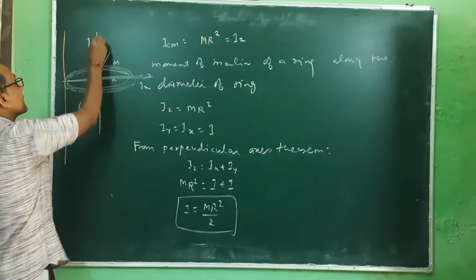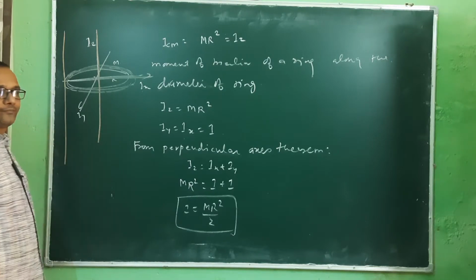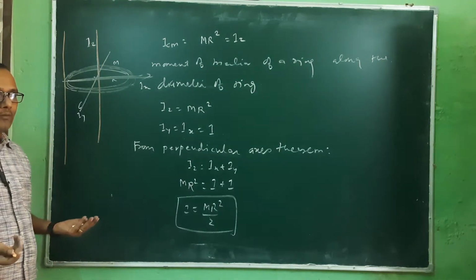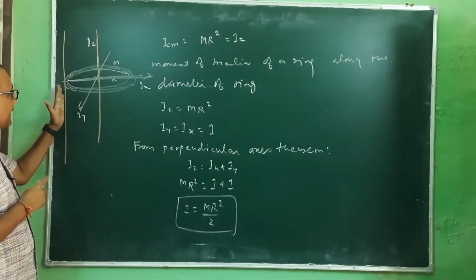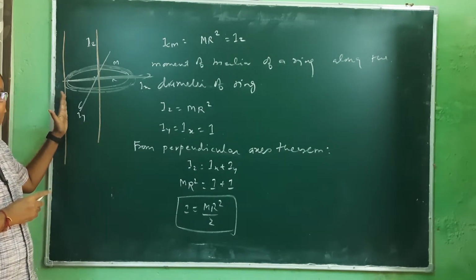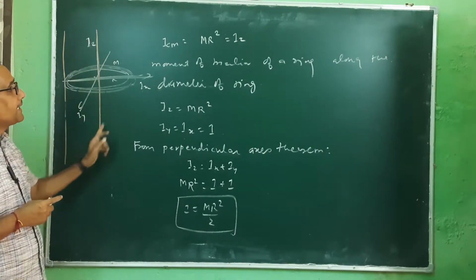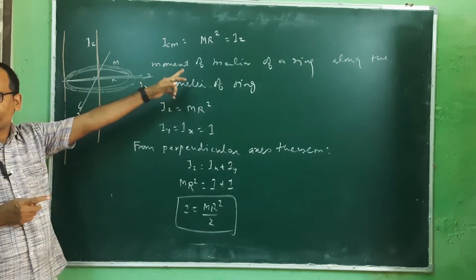it is parallel to this. So we will use the parallel axis theorem. Because we have two parallel axes, we have to calculate this moment of inertia toward this, and we know this Iz is equivalent to mr square.